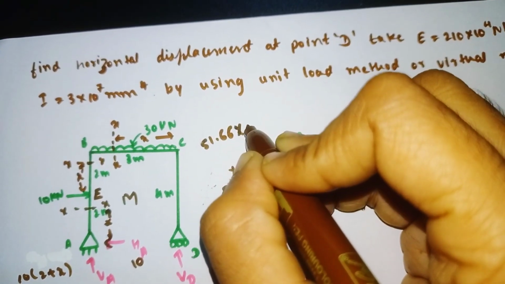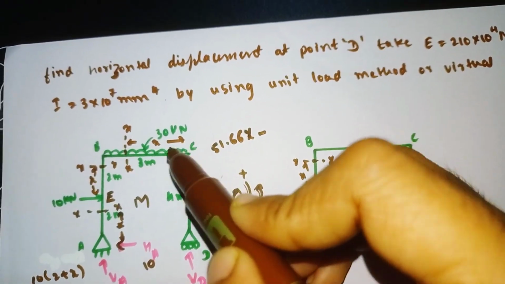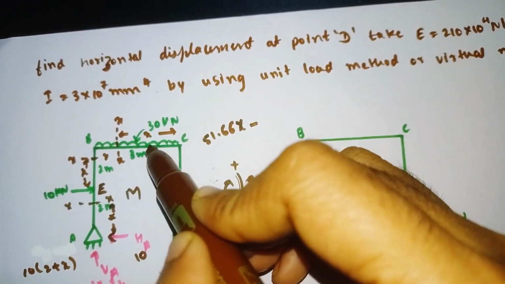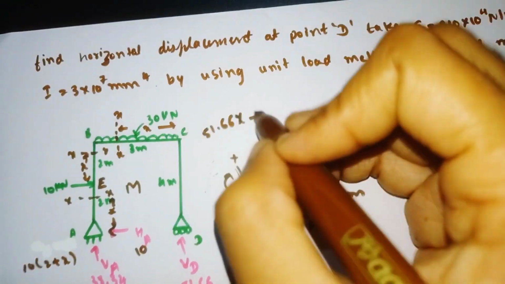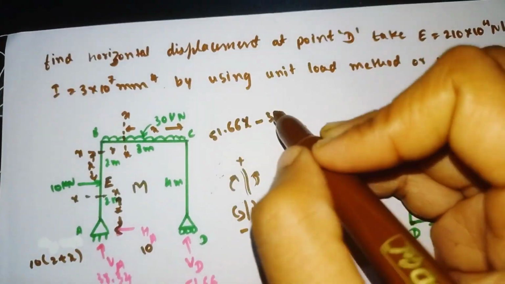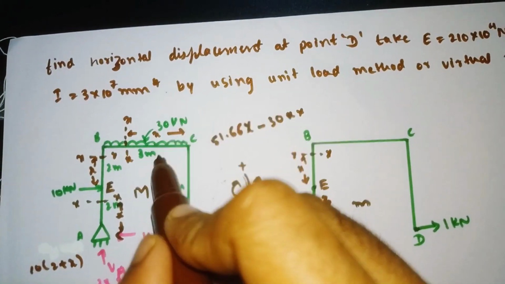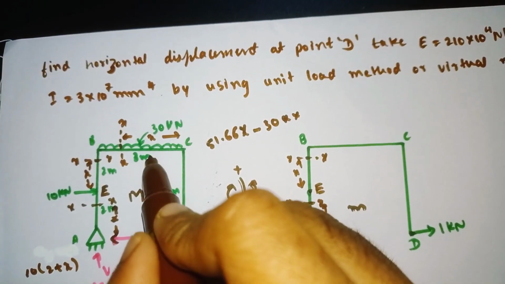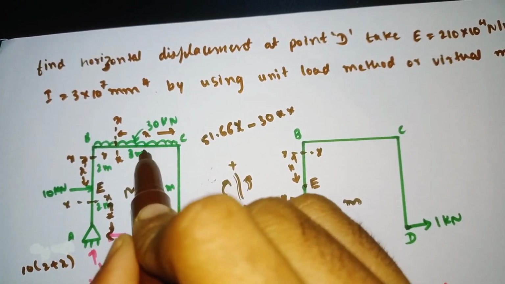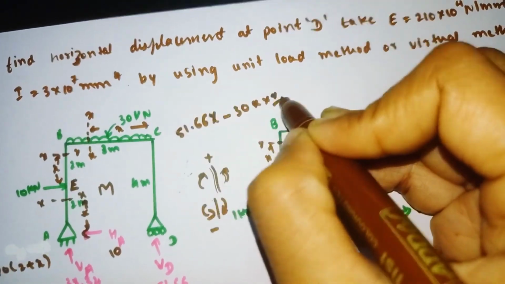So 51.66 into x minus, here one UDL is there, no? If you convert this into a point load, it moves downward. So minus 30 into x. At what distance is the UDL acting? It is acting at a distance of L by 2, and L here is x, so x divided by 2.